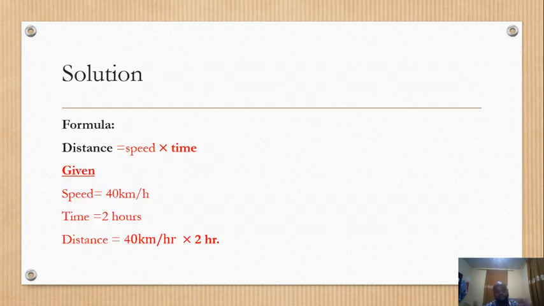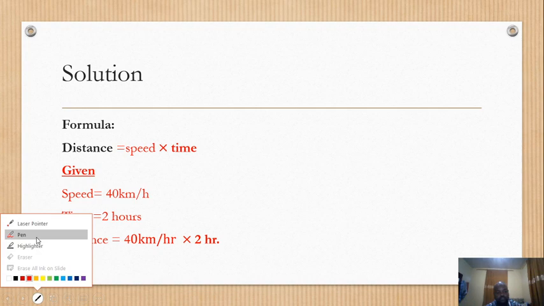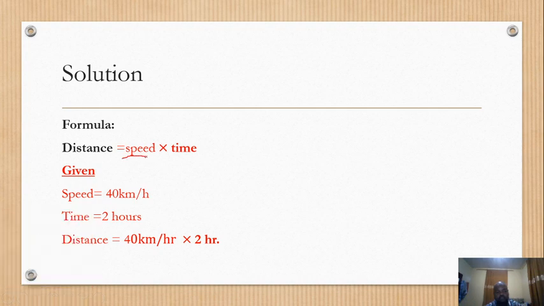Solution. Formula. As I've said, usually you start with the formula. So distance is equal to speed times time. What are we given? We're given the speed, which is 40 kilometers per hour, and time, which is 2 hours.